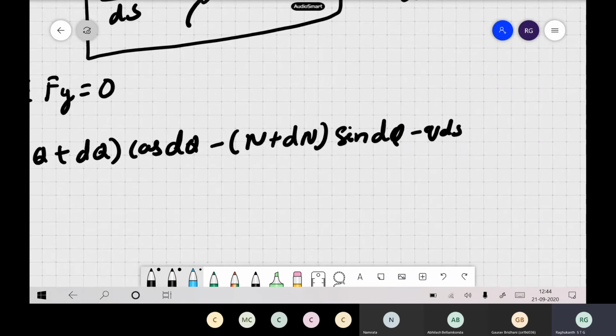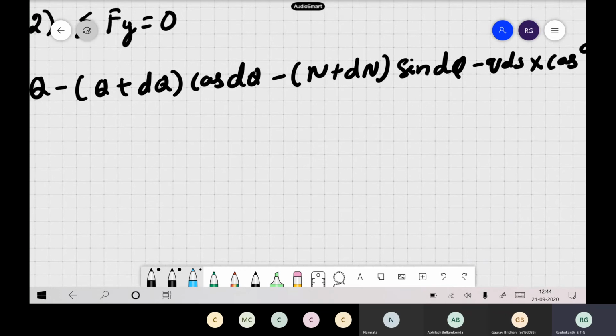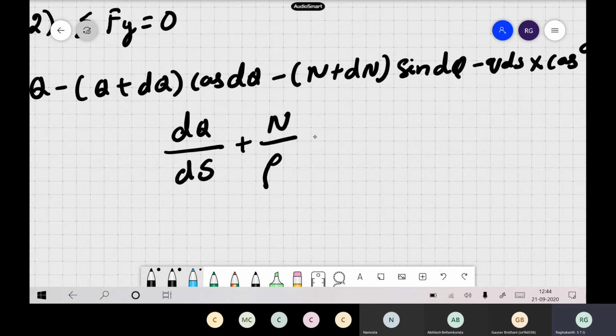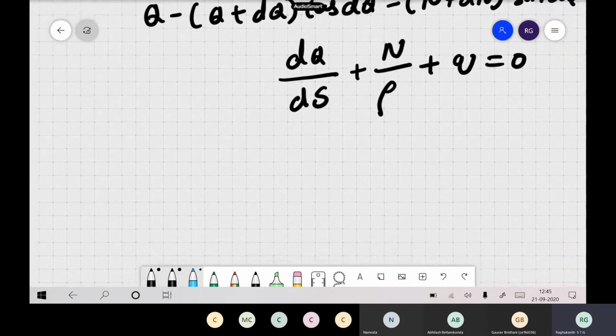You have this radial load also into cos of d phi by 2 is equal to 0. Then neglecting small terms, cos d phi is equal to 1 and sine d phi is equal to d phi itself. Finally you can write this expression as dq by ds plus n by rho plus q is equal to 0. The second equation comes like this.